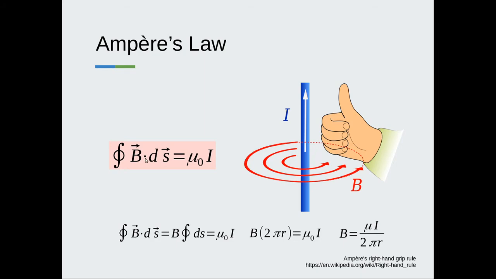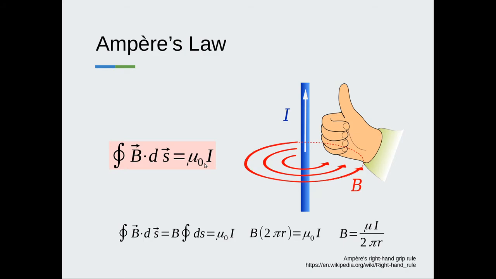If you take an inner product of them and integrate along a closed loop, and be careful, this loop should be closed. So here we have a little circle. If you do the integration like this, then the number right here should be equal to a magnetic constant multiplied by the amount of current.